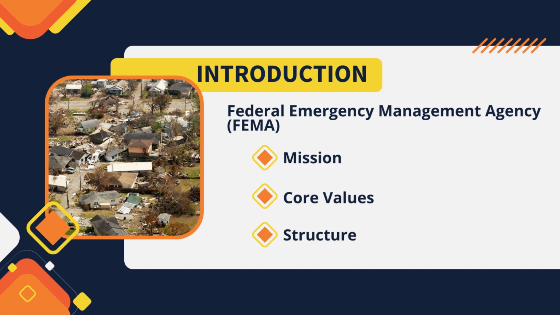FEMA's mission is helping people before, during, and after disasters. The core values that guide the agency include compassion, fairness, integrity, and respect. The agency's structure includes regional offices, as mentioned before, with a workforce that can increase to 50,000 active members during major disasters.